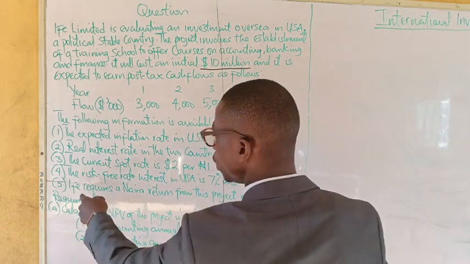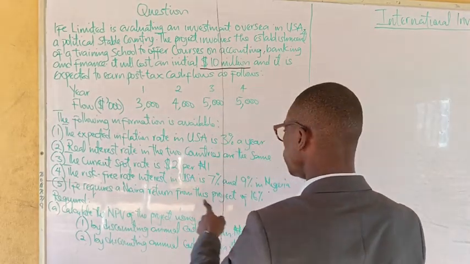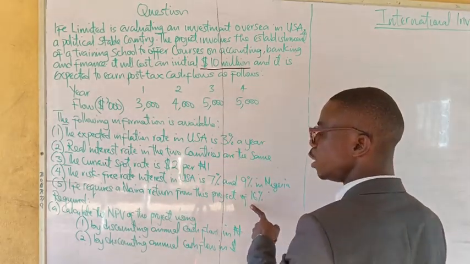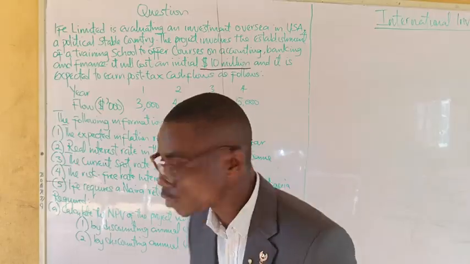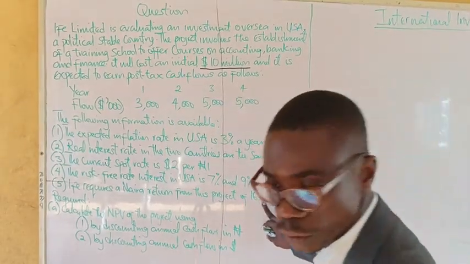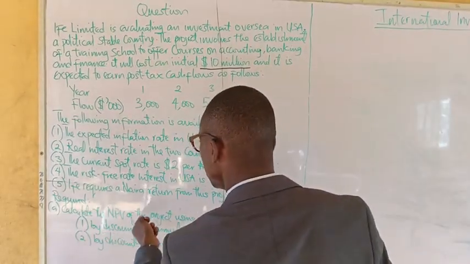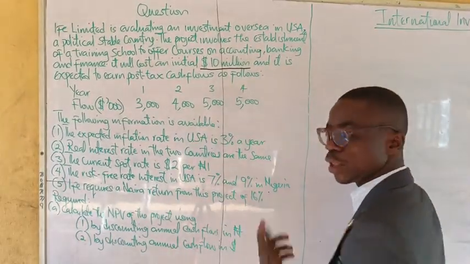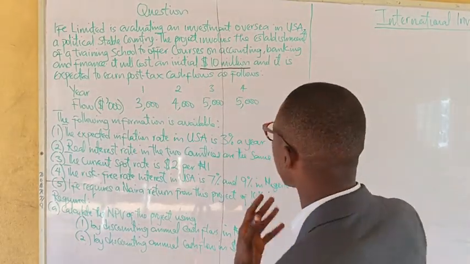That means the interest rate. He requires a naira return from the project of 16%. So the required return is 16%. Am I communicating? They now ask you to calculate the NPV of the project. That's why it's very important for you to understand what we have been doing.